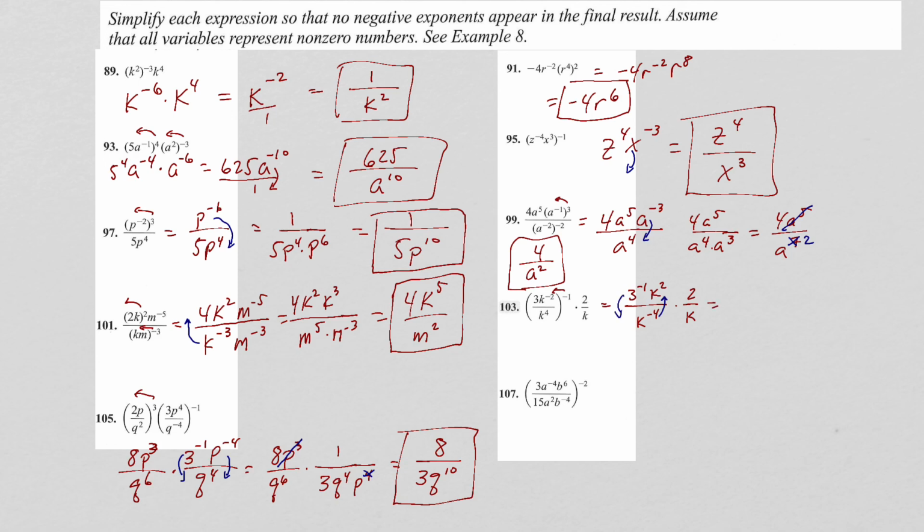So let's see, I'm going to have k to the 4, k to the second for that first one, over 3 to the 1 on the second one. And finally, this k will cancel with one of those, making that a k to the 1. So the final answer is going to be 2, we put the 2 first, and it's going to be k to the 5 because 4 plus 1 is 5, all over 3.